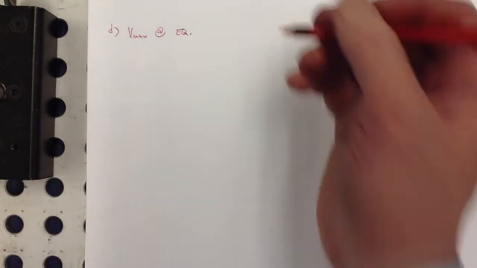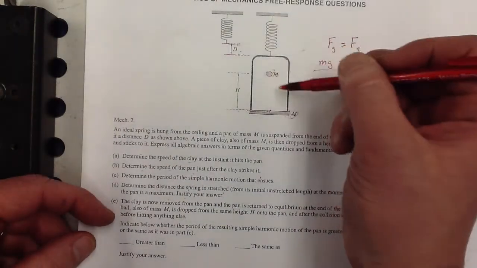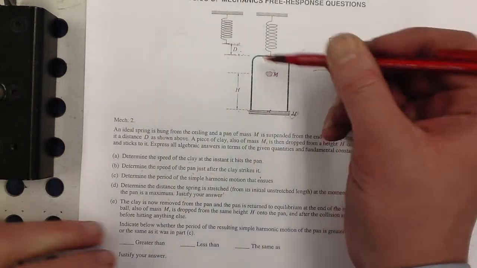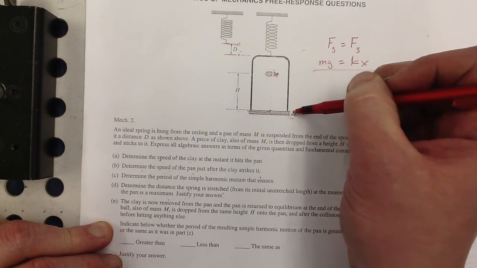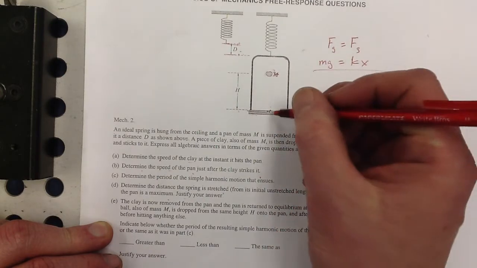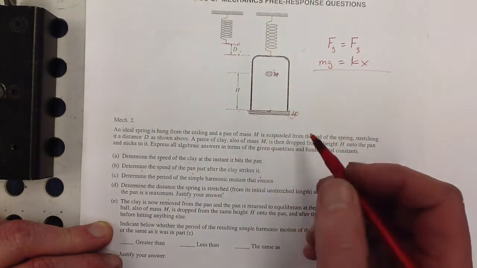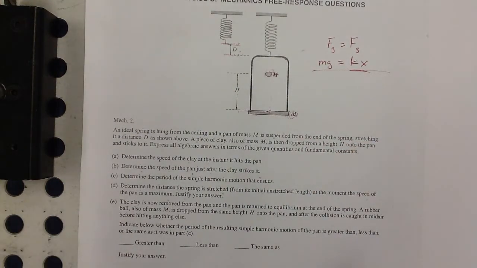So we just need to find the equilibrium point, which is when the mass of the clay and the pan have stretched it just to that equilibrium point where gravity and the spring force are balanced. In other words, it's however far it would stretch with this kx.